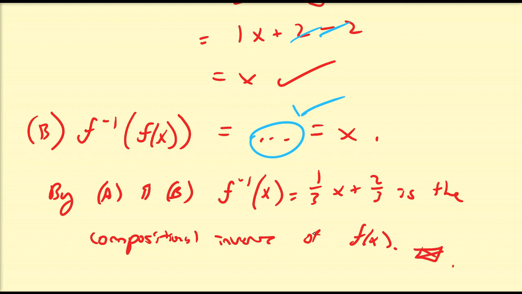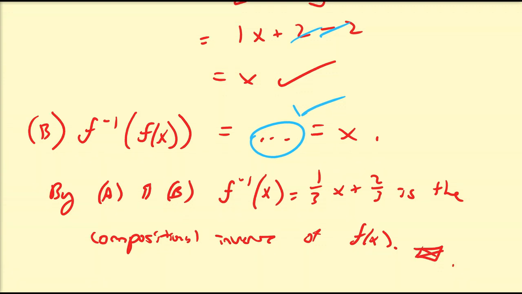End of proof. That's pretty much the algebraic way of verifying that a function has an inverse, or not necessarily that a function exists, but how to test whether a given function is actually the inverse of some other function that's given.